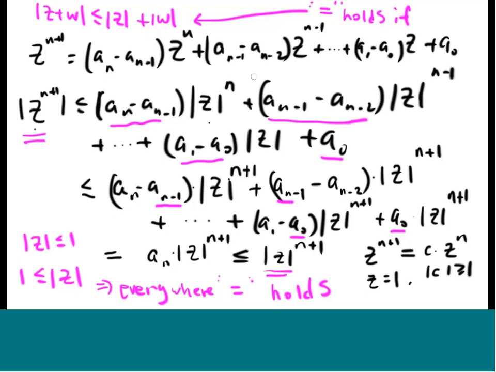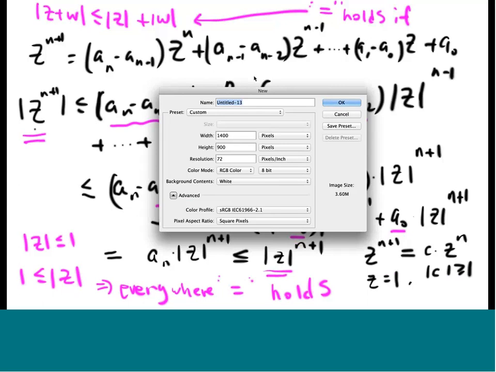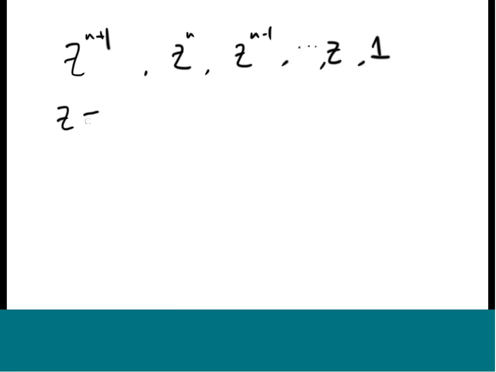Okay, I'm not sure you got it. So Zn plus 1 and Zn and Zn minus 1 and Z and 1 only differ by a real number. So Z essentially is a real number.